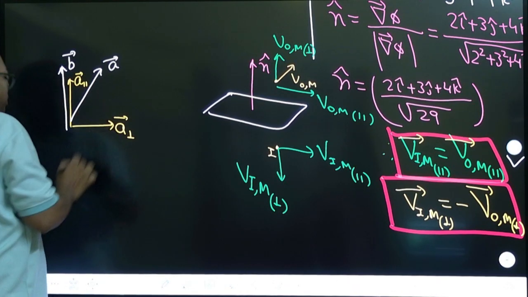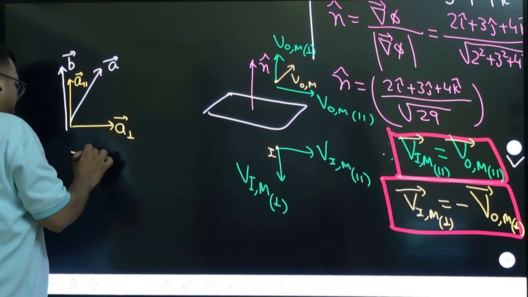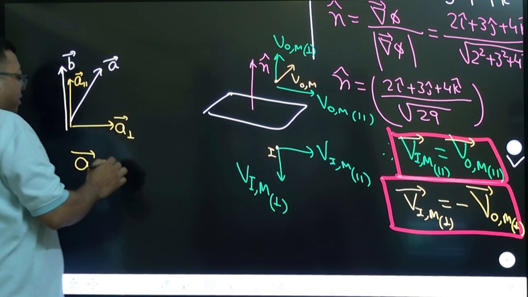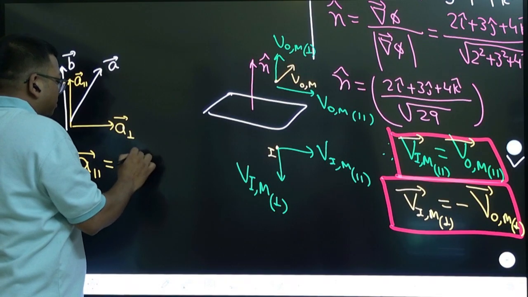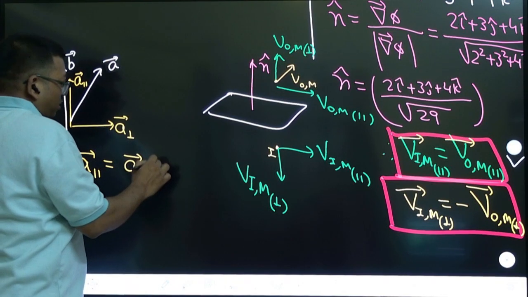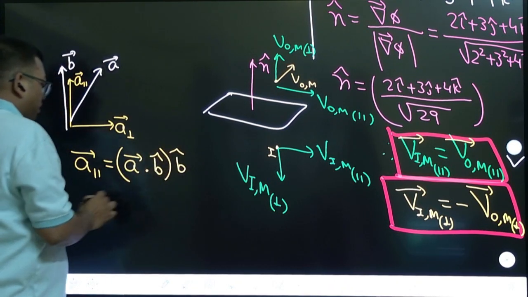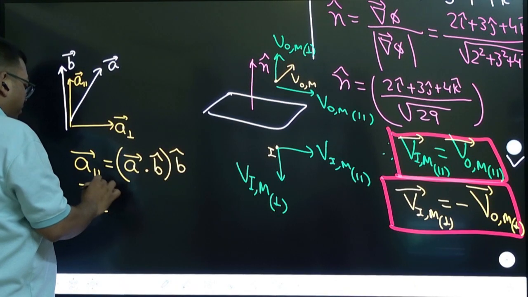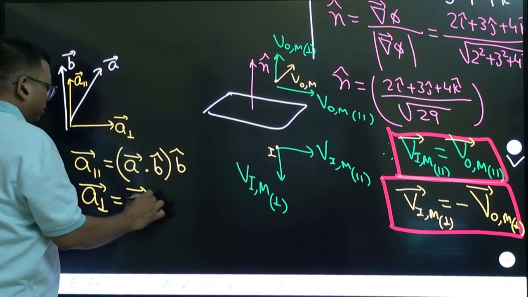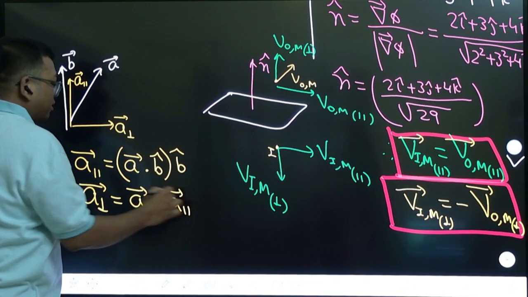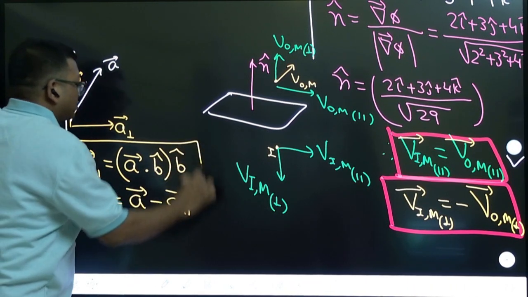So let me tell you directly how to calculate it. A parallel will be the component of A along B, that is A vector dot B cap, and when you want to calculate A perpendicular, you write A vector minus A parallel vector. Simple calculation is this way.